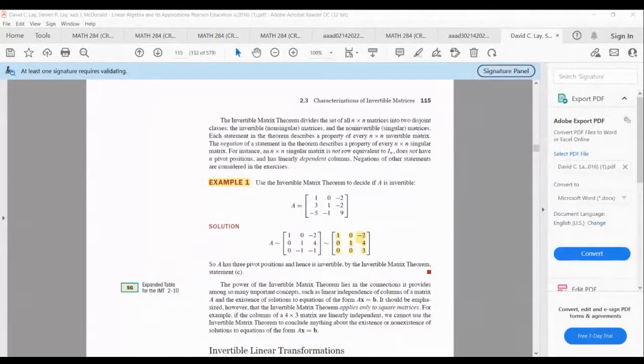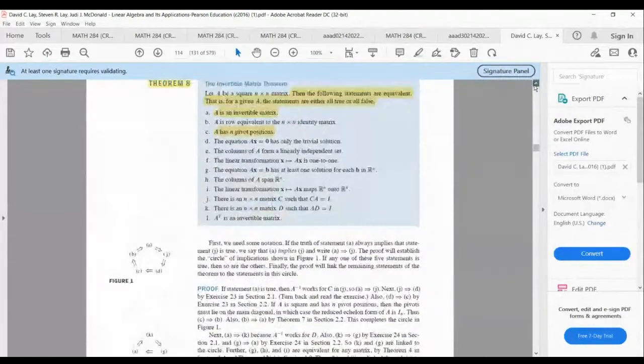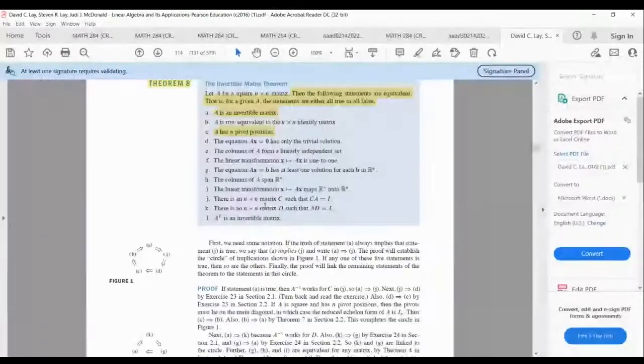Okay. Now let's look at another thing on the invertible matrix theorem here. Let's try to relate properties A and G, statements A and G of the invertible matrix theorem.